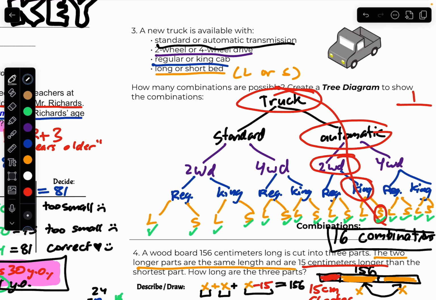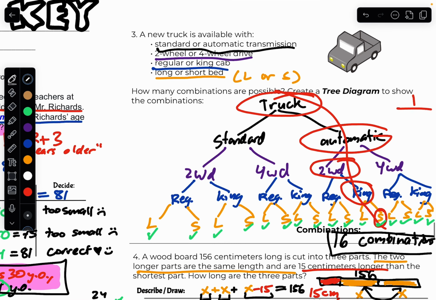All right, I have one more little thing for you. If this was a probability question, because you're going to expect this on your quiz, right? Your quiz, yeah. So if this was a probability question and it says, what's the chance of Mr. de Guzman choosing a truck that's not standard? He wants an automatic 2-wheel drive, king size cab, and a short bed.